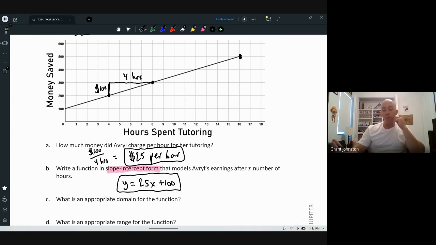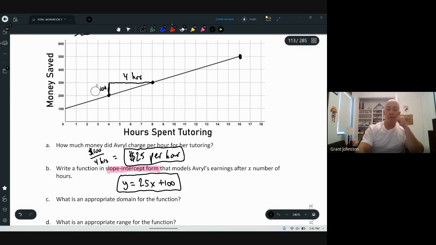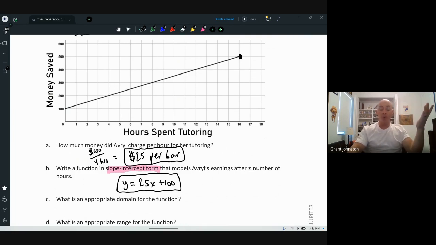C says, what's an appropriate domain for the function? Let me clear up some of this here. So remember, domain is our x. You can't go negative hours tutoring. It starts at 0. And then she stopped after 16 hours.